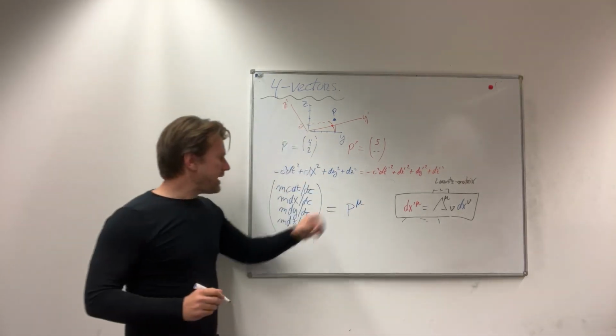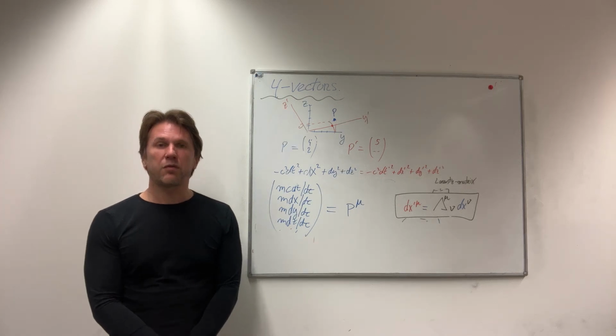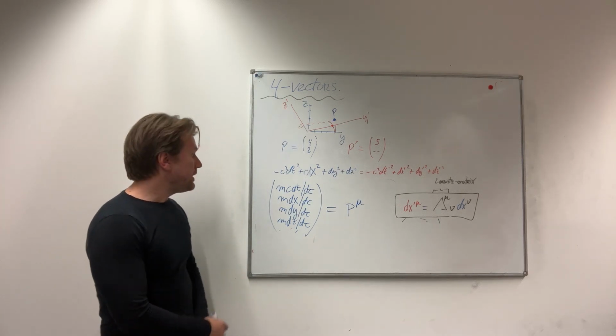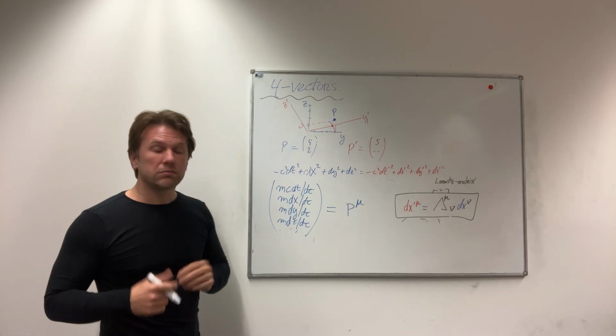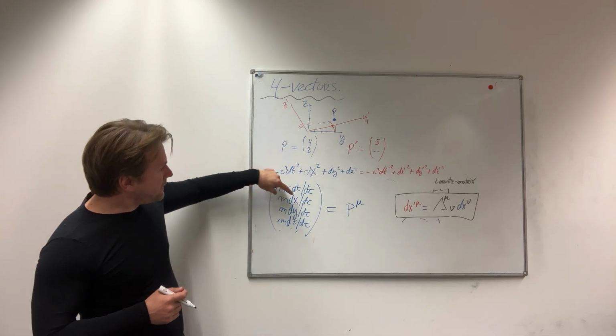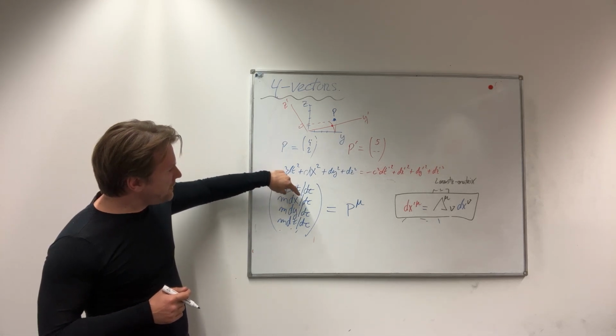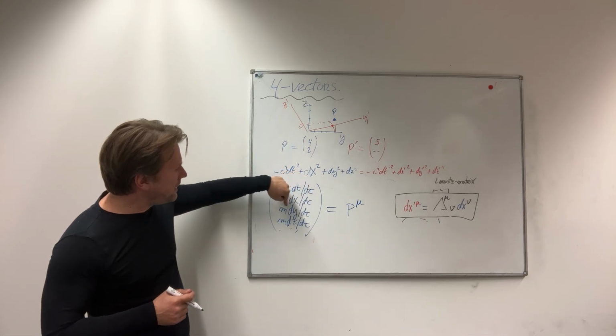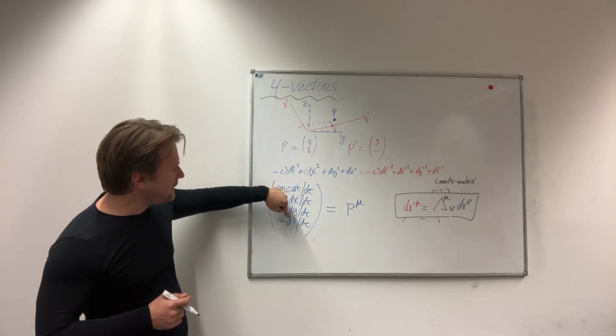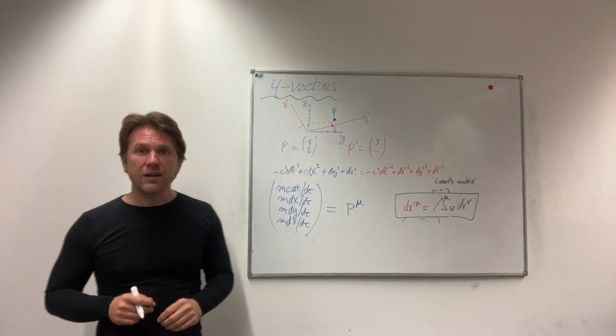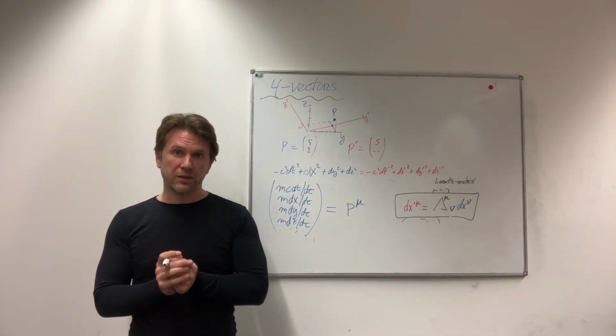The symbol we actually call P for momentum. Because, and I'm not showing this now, you have to accept this from me, the spatial parts, m dx divided by d tau, and m dy divided by d tau, and m dz divided by d tau, are actually the momentum of a flying particle.